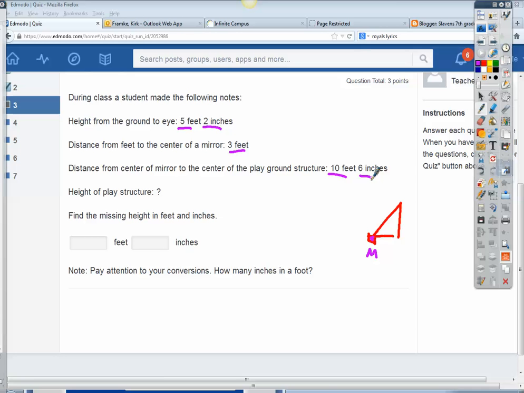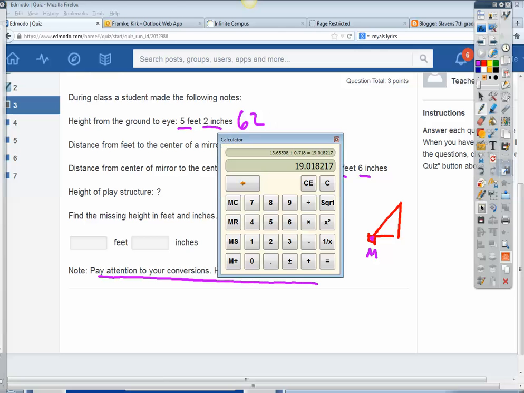And I know you've talked about feet and inches in elementary school. How many inches are in 5 feet 2 inches? And there's even this note, pay attention to your conversions. How many inches in a foot? Well, there are 12 inches in a foot. So 5 times 12 is 60 plus 2 is 62. And let's just double check here.